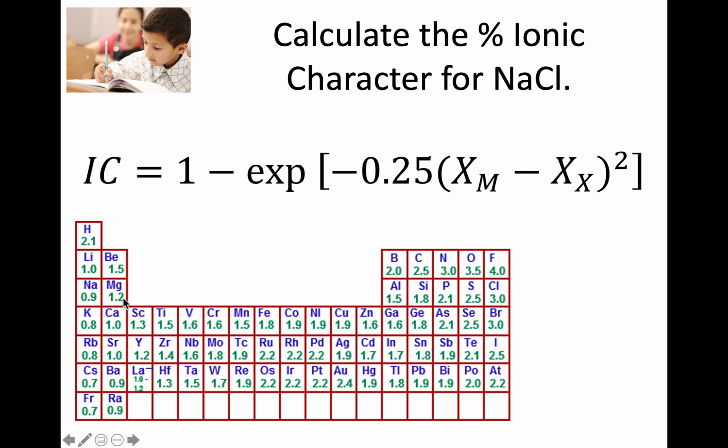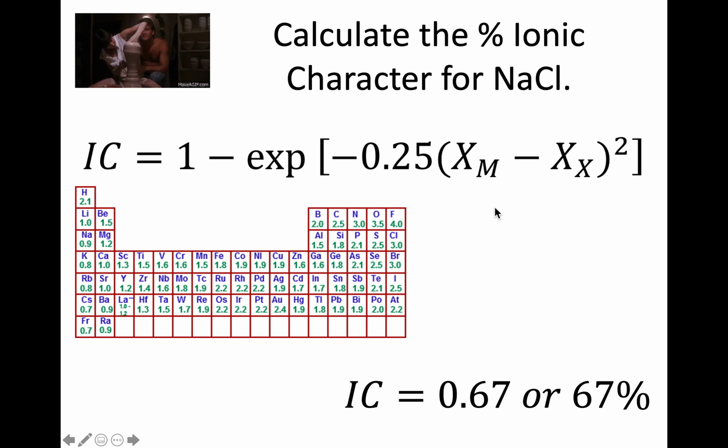So if we plug those two values, 0.9 and 3, into this equation, and I'm not going to go through the work, I think you can figure that much out, we get an ionic character of 0.67, or if you put that in a percent, it is 67%.